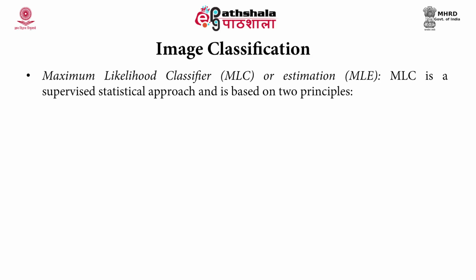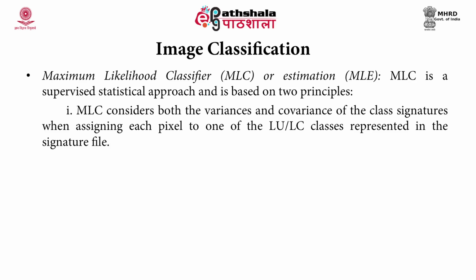Out of these, the maximum likelihood classifier or maximum likelihood estimation is a supervised statistical approach that is most commonly used and is based on two principles. First, MLC considers both the variance and covariance of the class signatures when assigning each pixel to one of the land use, land cover classes represented in the signature file.